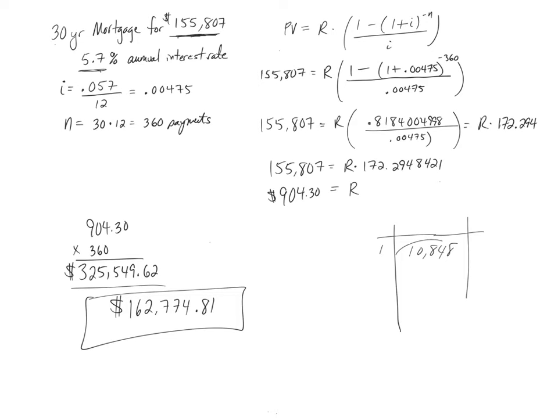But what they do is only a portion of that gets paid towards the principal, the amount that you actually borrowed. If they're asking what amount of this 155,807 is left after halfway through, I don't know, because I'd probably look up some formula on the internet to tell me that.